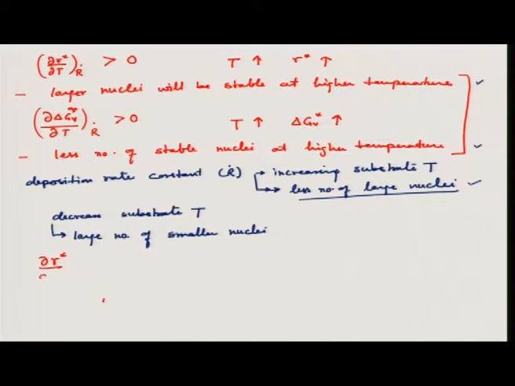Critical r over dr, if we change the temperature, okay, and this is less than 0. Which means by increasing deposition rate, your r critical is going down.